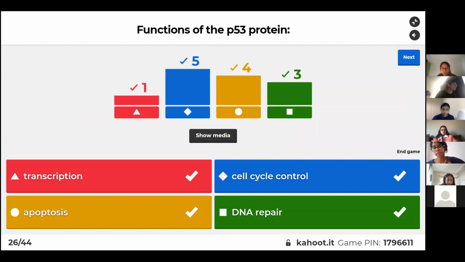Yep, basically all of them. So like the P53 gene encodes the P53 protein, which is important in like all these checkpoints.